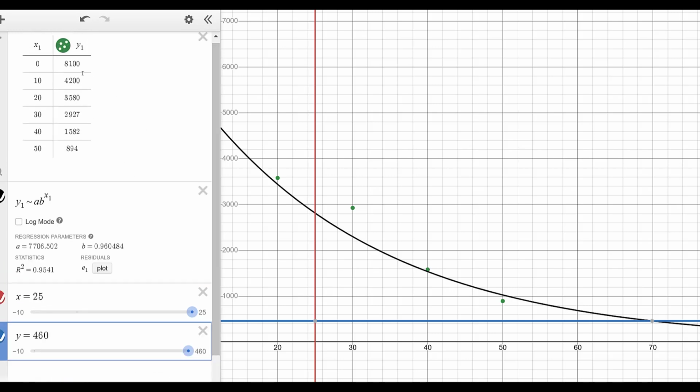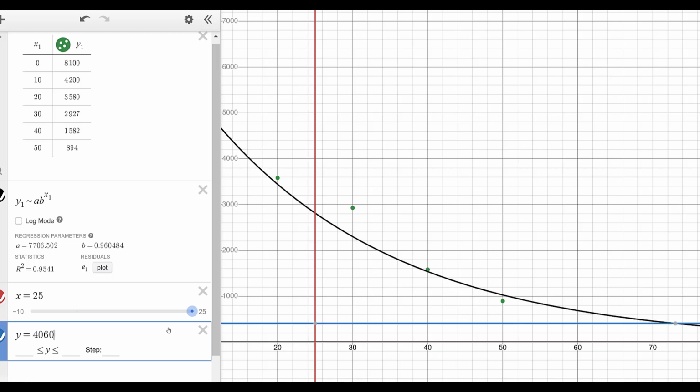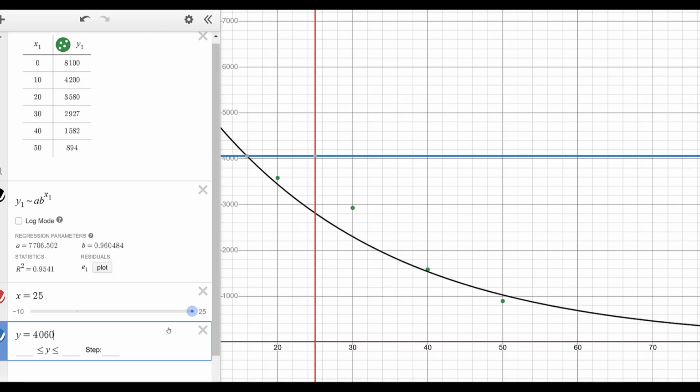So half of 8100, that would be when y equals 4050. So 4050. Okay. So that would be 15.95 or 16 years.